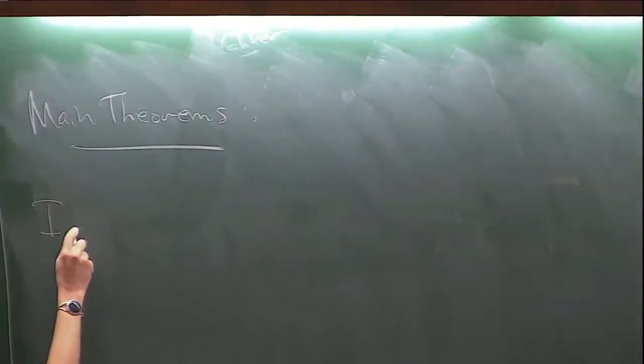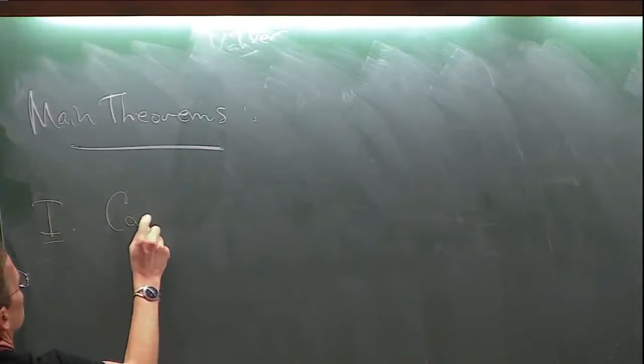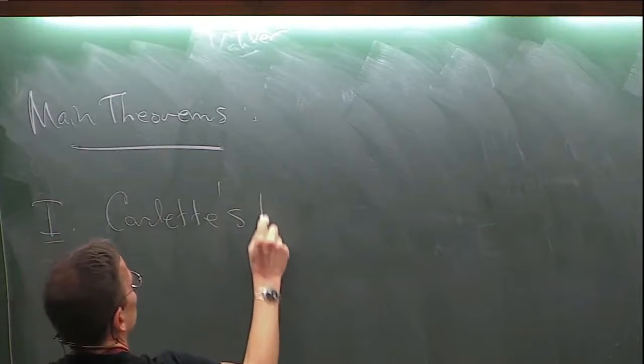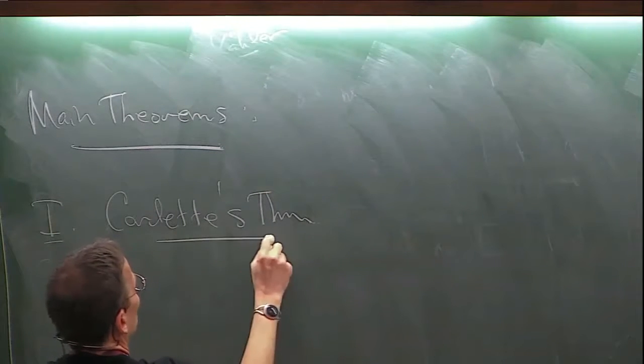So the first one has to do with harmonic maps. And this is Corlette's theorem. And I should say that behind each of these, there are many other people, of course, involved.